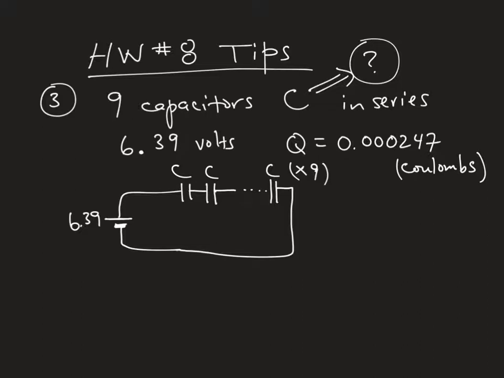So something I'm going to write down first is that I'm going to notice that if I think about this circuit as a whole, I have 9 capacitors in series, and hopefully you remember, or you can look up from the notes, that there's a formula that when you put capacitors in series, I can replace them as if there's a single equivalent capacitor related to the individual capacitors by this formula.